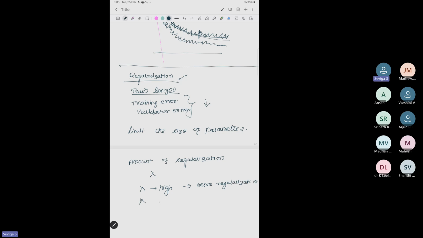If the lambda value is low, it means the regularization is poor. With high values, you can have smooth boundaries. With low values, it can precisely adapt to the data.